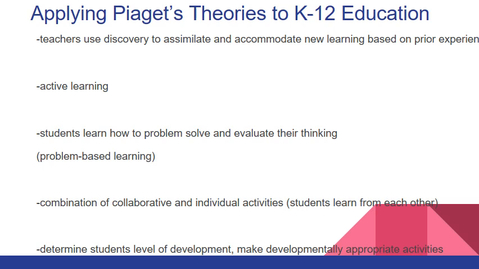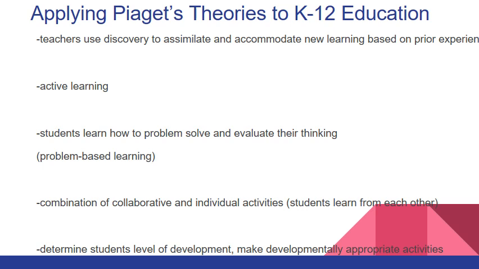Another influence that Piaget made was to advocate for active learning. Active learning is when the student is physically engaged in the activity. Either they're doing the activity, they're practicing with the content, or they're speaking and verbally communicating and discussing the content with their peers or their teacher.